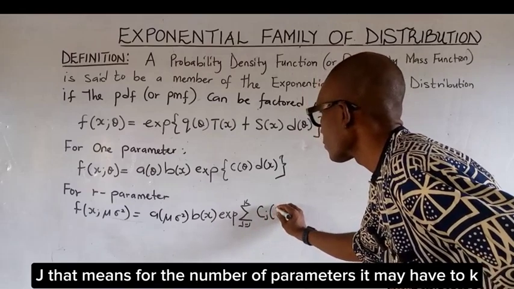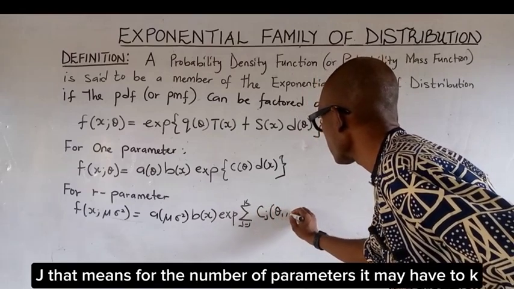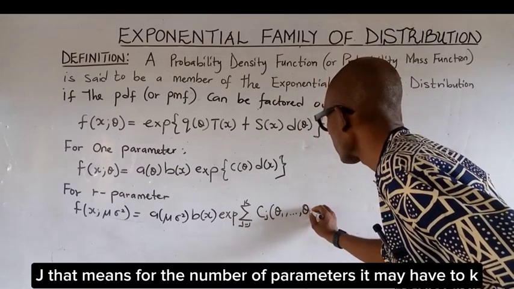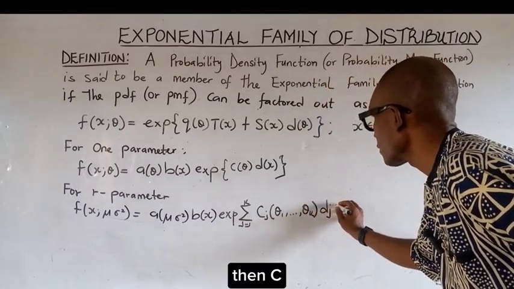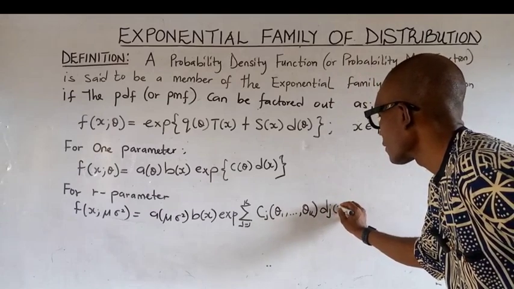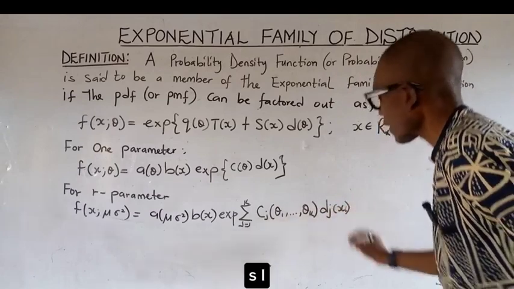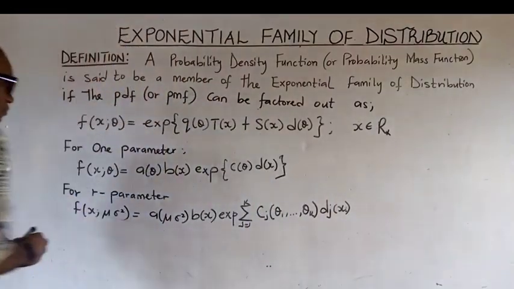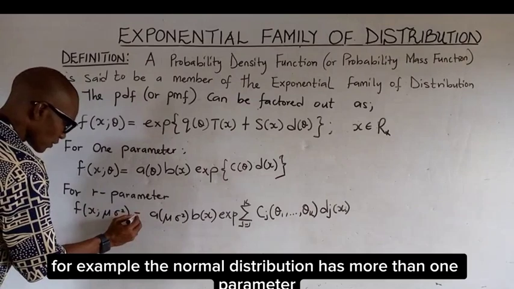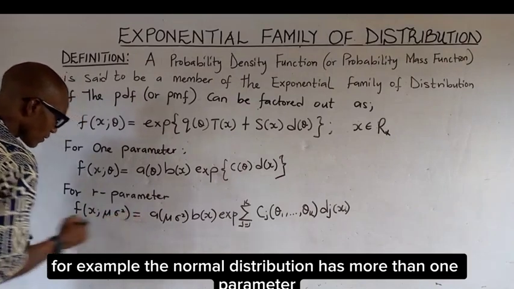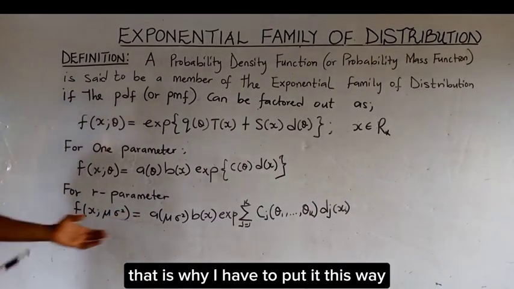That means for the number of parameters it may have, up to k. If you have more than one parameter, for example, the normal distribution has more than one parameter. That is why I have to put it this way.